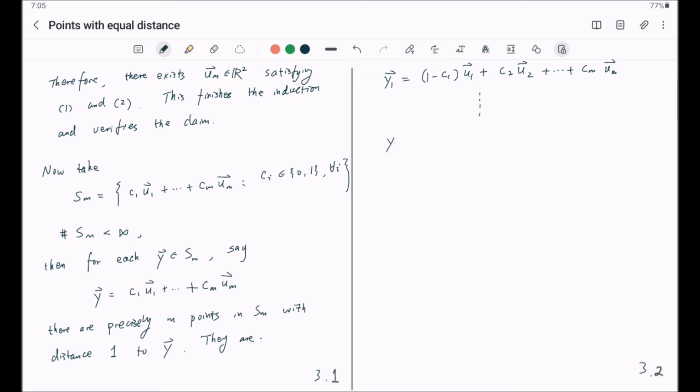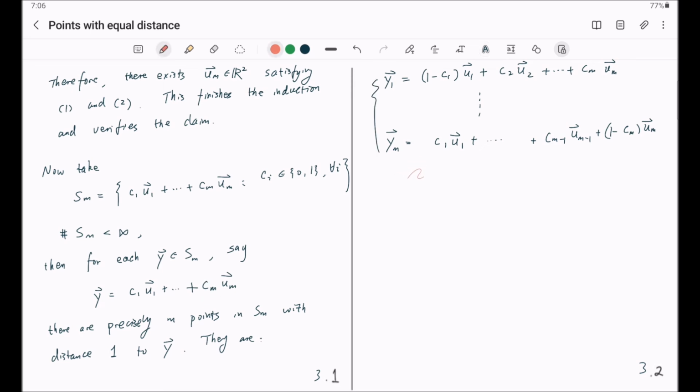The last vector will be Y sub m equal to C1 times U1 plus up to Cm minus 1 times Um minus 1 plus 1 minus C sub m times U sub m. You flip the last coefficient from 0 to 1 or 1 to 0.